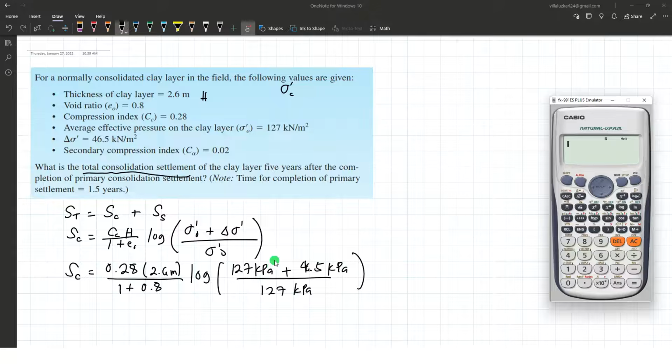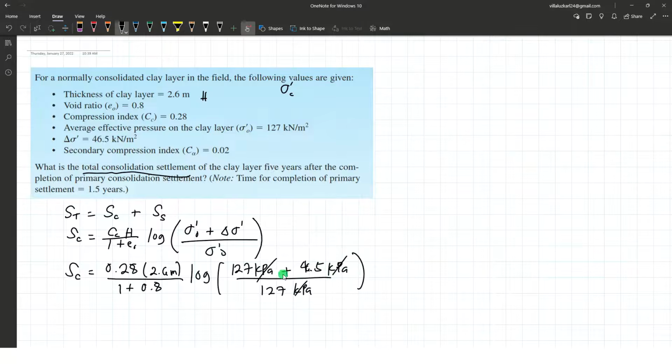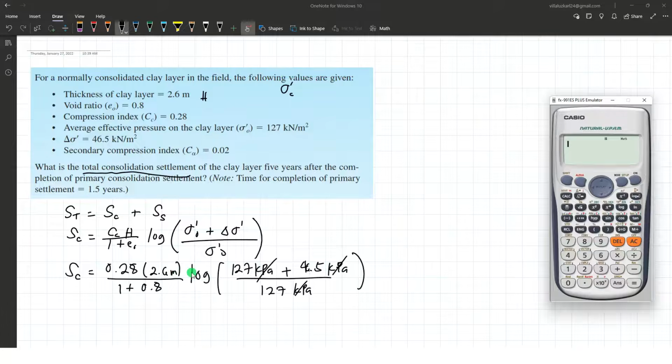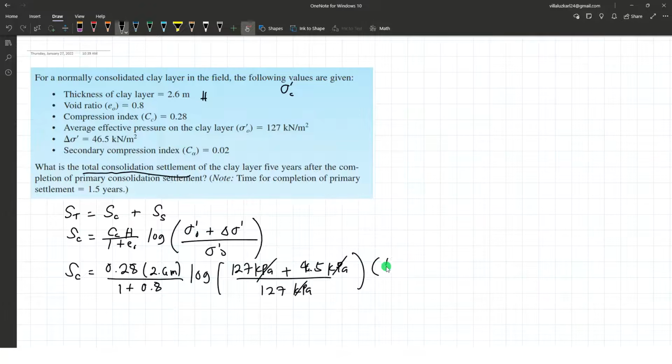So our answer will be in meter. Then we convert it into millimeter by multiplying 1000. Okay.